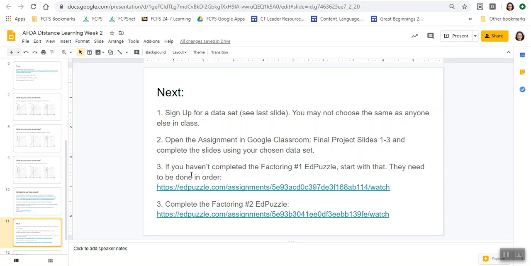Then, if you haven't done factoring number 1 Ed Puzzle, and I know a lot of you did, I appreciate that, then you should start with that one because the Ed Puzzles have to be done in order. But if you have done the factoring number 1 Ed Puzzle, then you should go on and do factoring number 2 Ed Puzzle. And if you have all of that done, then you'll be in good shape for hopefully when we meet in person next week.